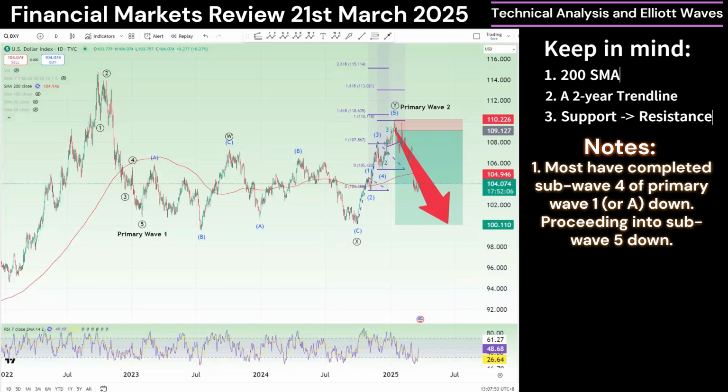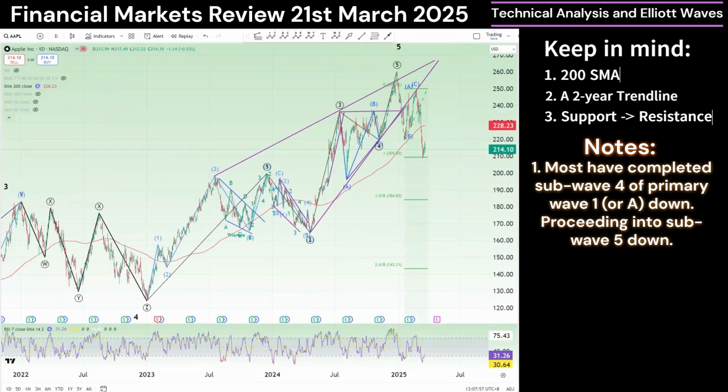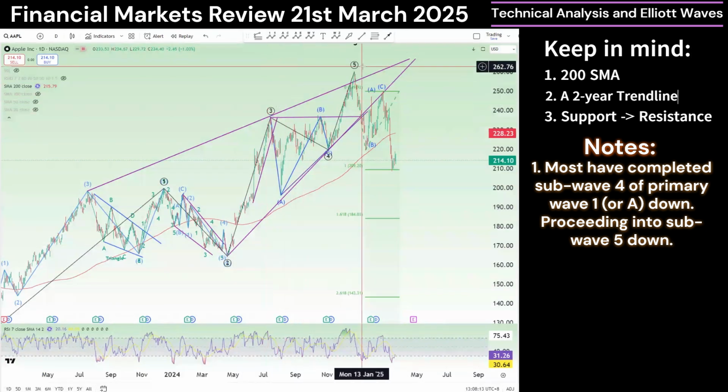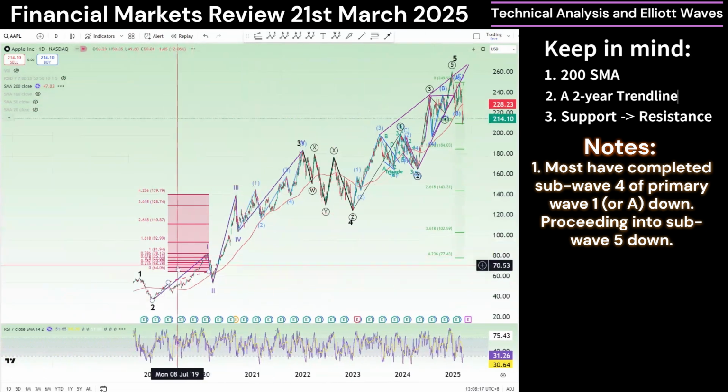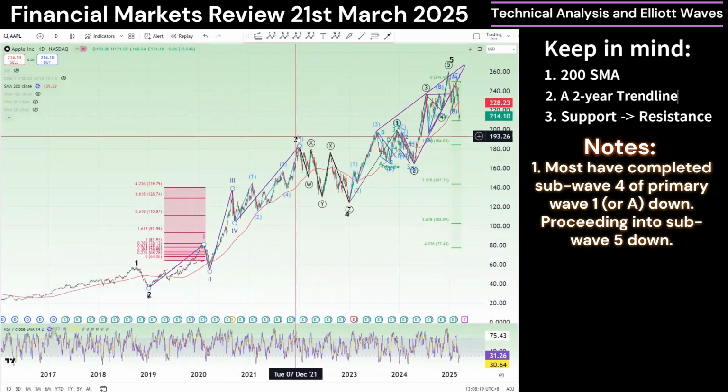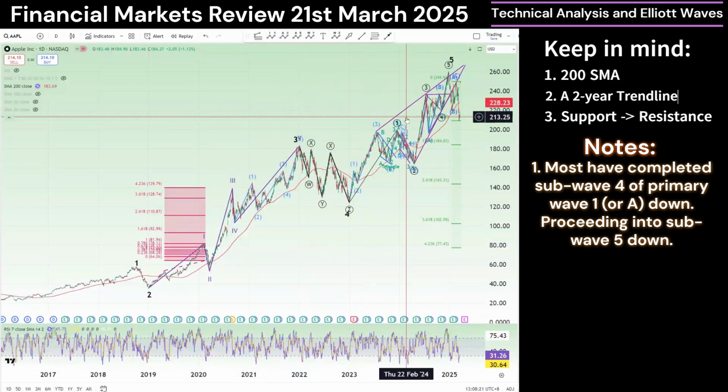Now let's look at the individual stocks. Apple. Okay, I have actually drawn this also as a triangle. This is more of a rising wedge in the more traditional technical analysis. You see that I've drawn this wave up, and it's quite clear because I've done quite detailed analysis of Apple.